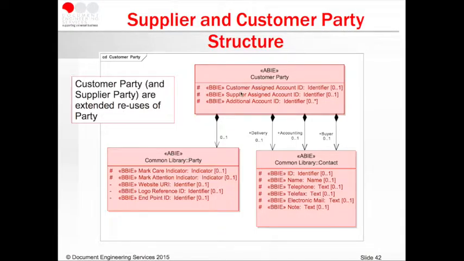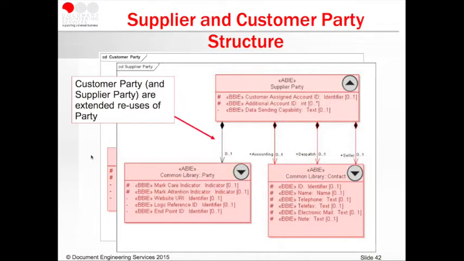We need a customer assigned account ID, and we possibly have different contacts when we're a customer. And the same applies in the party for supplier qualifying as well. So supplier party and customer party are extended structures beyond the normal party.